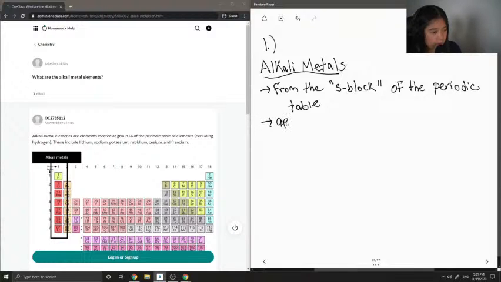And also they can appear silvery, and they are also highly reactive at standard pressure and temperature.